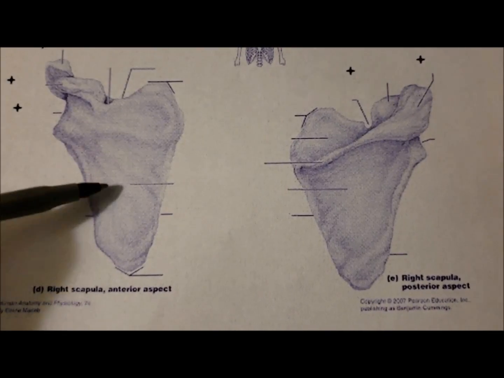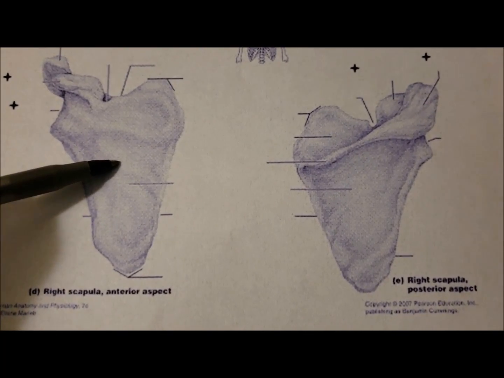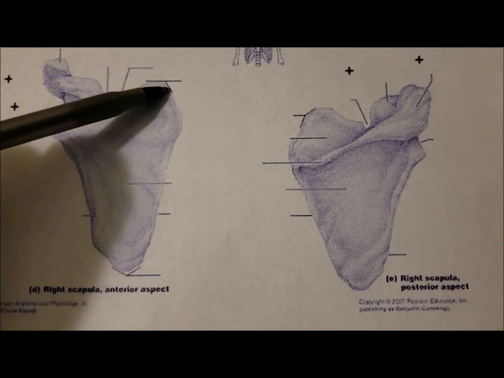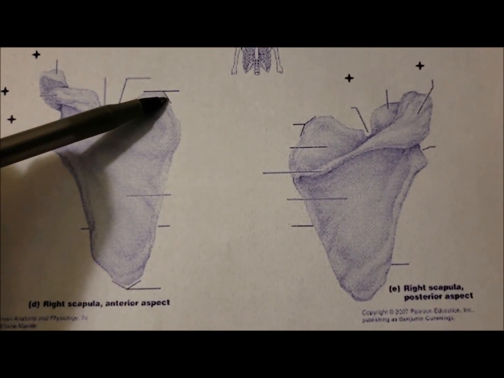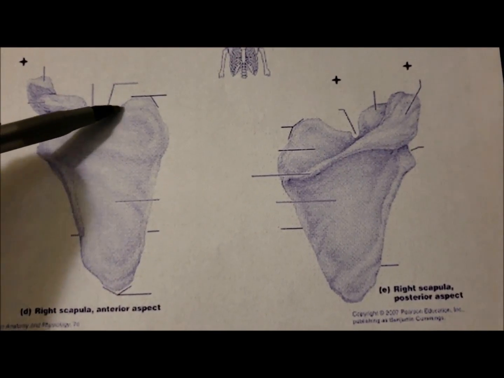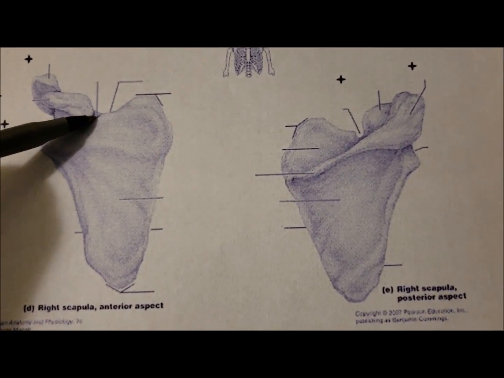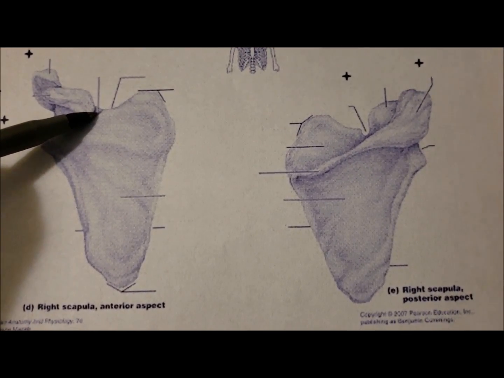The entire surface here is known as the subscapular fossa, superior angle, superior border, and the suprascapular notch.